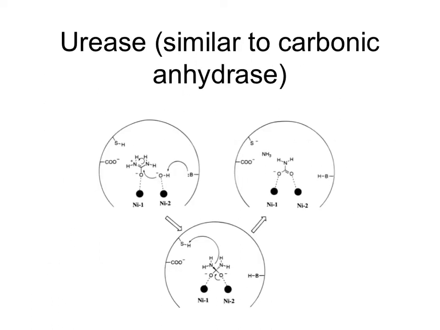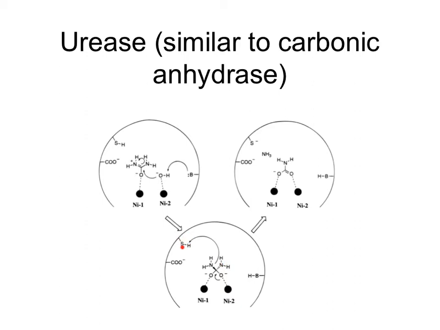So here is a cartoon of the active site of urease, and what we have here is nickel 1, which holds onto the substrate, which is urea, and the urease enzyme breaks down urea by having a hydroxide attack the urea. Hydroxide is not strong enough to do this reaction, and so a base that's present in the active site deprotonates this water molecule, which has already been activated by nickel 2. We form this tetrahedral intermediate, which is stabilized by the protein environment.